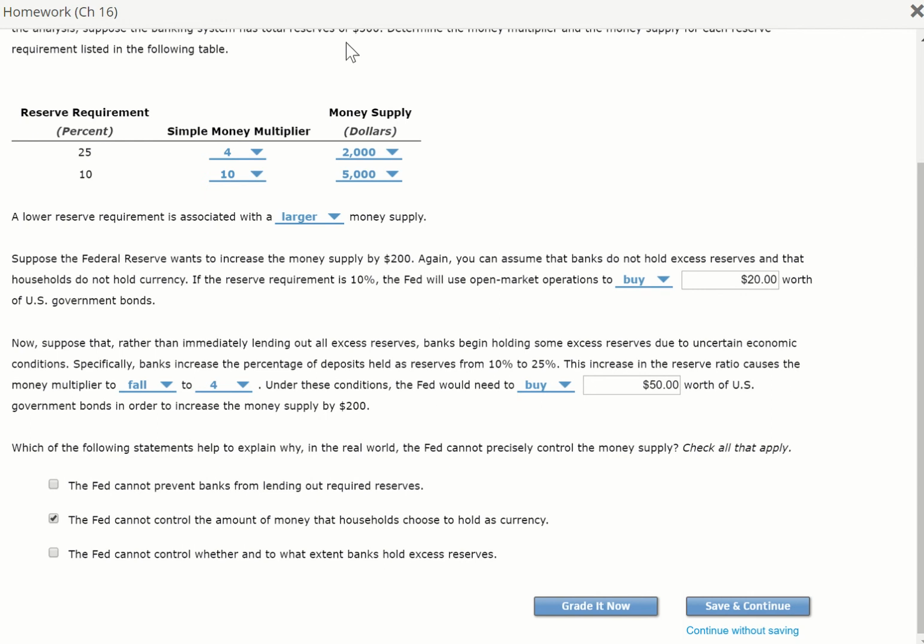You cannot control that. And then next, the Federal Reserve cannot control whether and to what extent banks hold excess reserve. Even though we can set a limit on the required reserve, how much excess the banks want to hold on top of that, the Federal Reserve has no control over.